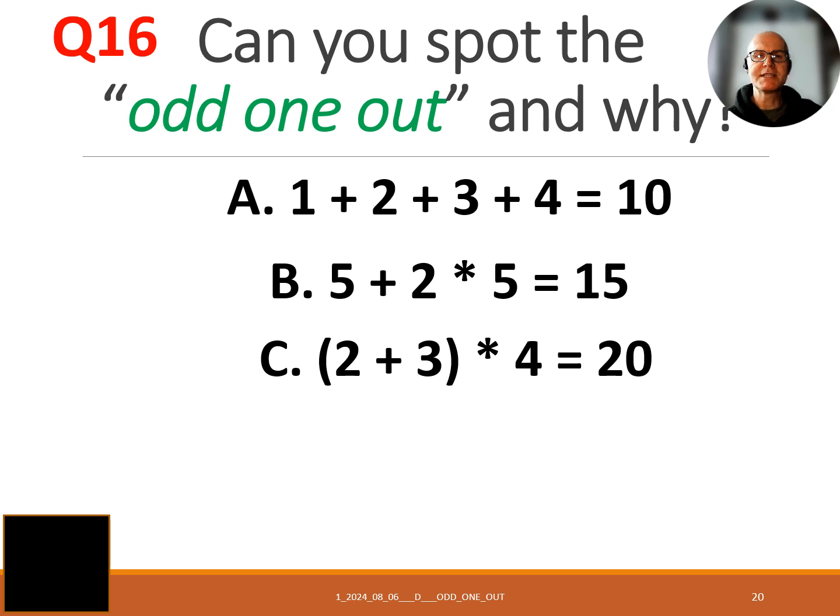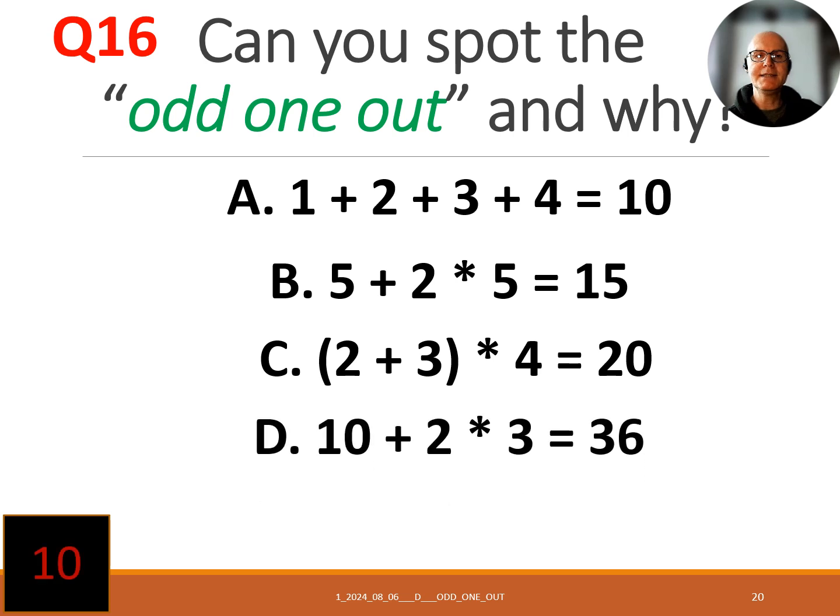C, 2 plus 3 in brackets times 4 equals 20. And D, 10 plus 2 times 3 equals 36. What's the odd one out from these four options and why? Use BODMAS.